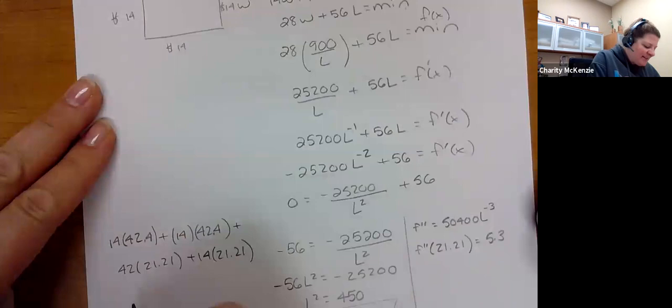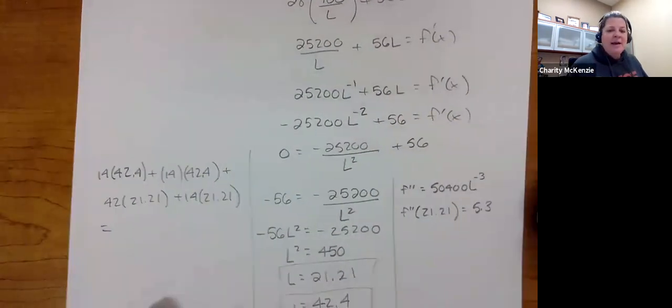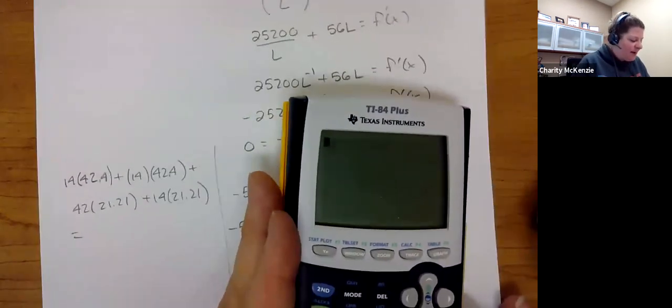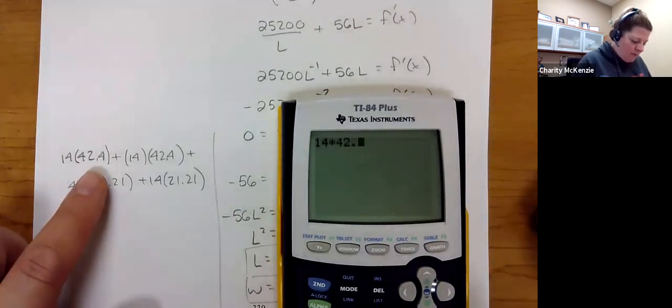So I'm going back to that original. I wrote it a little weird because it's running out of space. And then I'm going to plug that into my calculator, and that will get me the total cost of my fence. So it's $14 times about 42.4 plus $14 times 42.4.